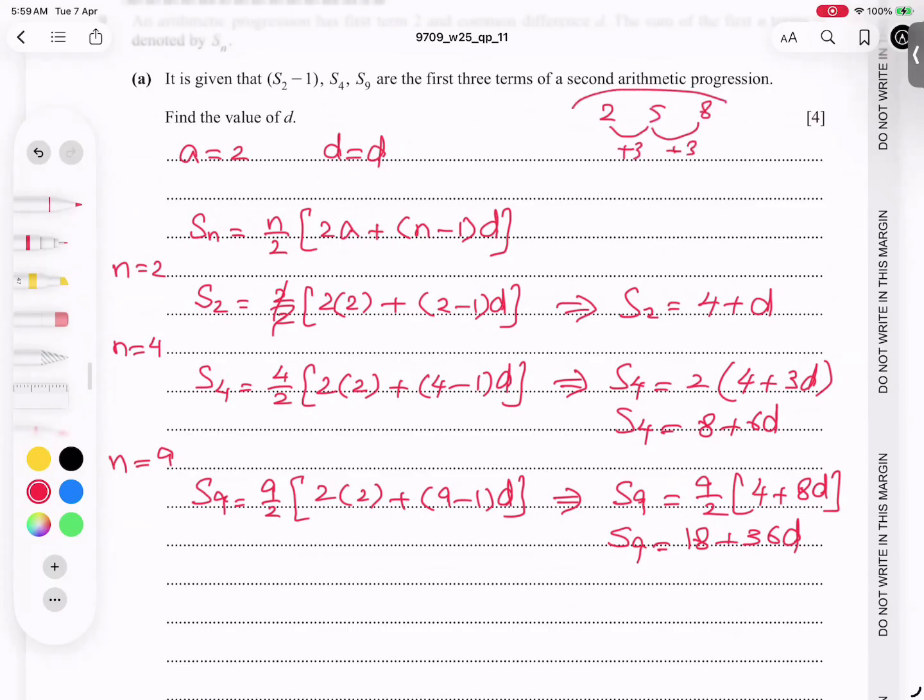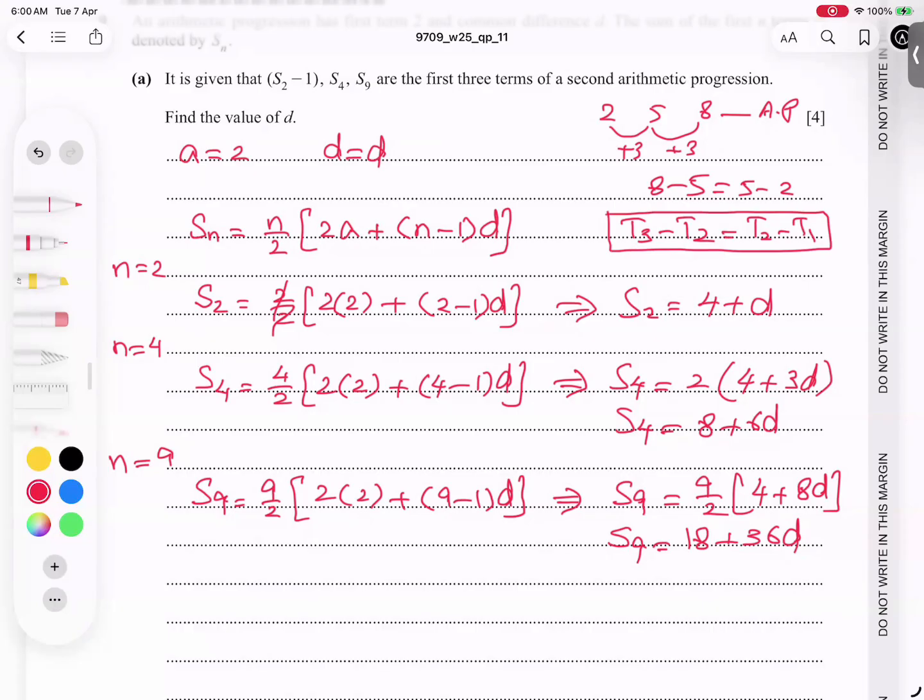So these three terms are in AP. What's the criteria? 8 minus 5 is the same answer as 5 minus 2. So basically T3 minus T2 is equal to T2 minus T1. This is the formula to solve this kind of question.